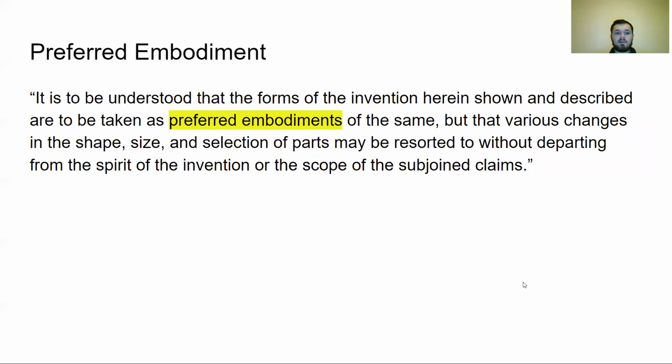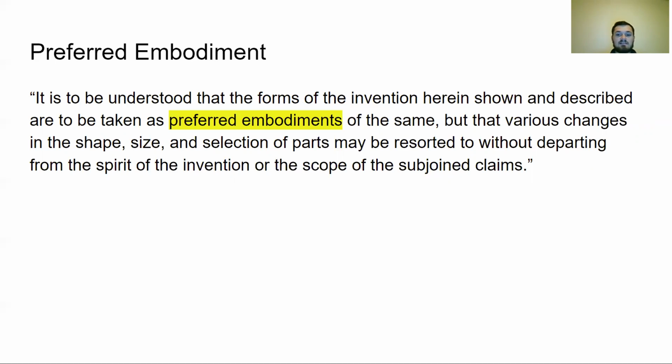The preferred embodiment of the patent is actually listed right before it discusses the claims. The passage reads, "It is to be understood that the forms of the invention herein shown and described are to be taken as the preferred embodiments of the same, but various changes in the shape, size, and selection of the parts may be resorted to without departing from the spirit of the invention or the scope of the subjoined claims."